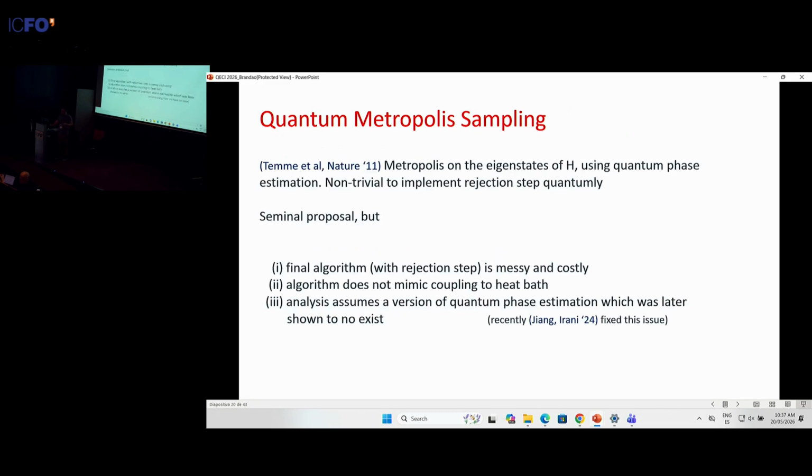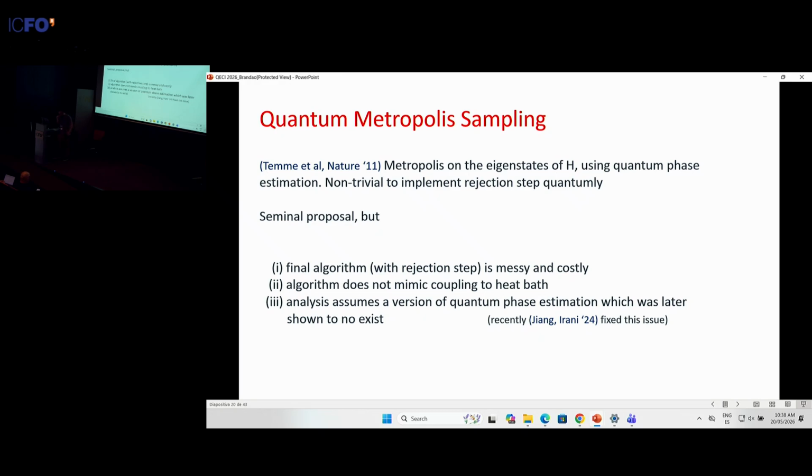Nonetheless, in 2011, Temme and collaborators did propose and find a very interesting way of doing quantum Metropolis sampling. Their result was that there is a version of Metropolis on the eigenstates of a many-body Hamiltonian, where you use quantum phase estimation to compute the energies and to implement this Metropolis rule to see if you accept or not.